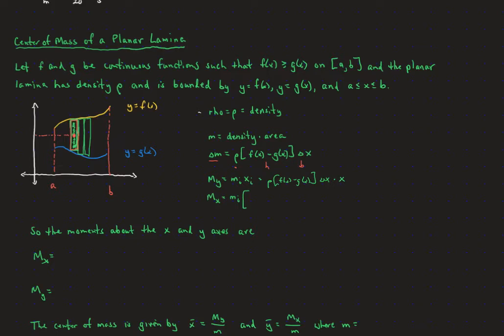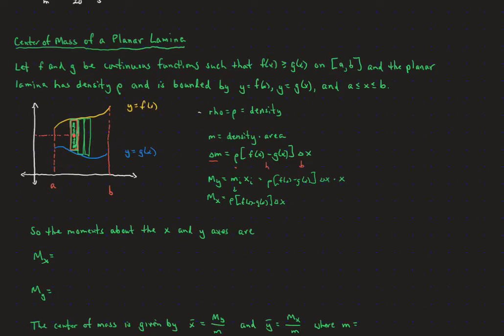Now it gets a little more complicated on the distance to the x-axis. Our mass is, again, rho times f of x minus g of x times delta x. That's our density times area.